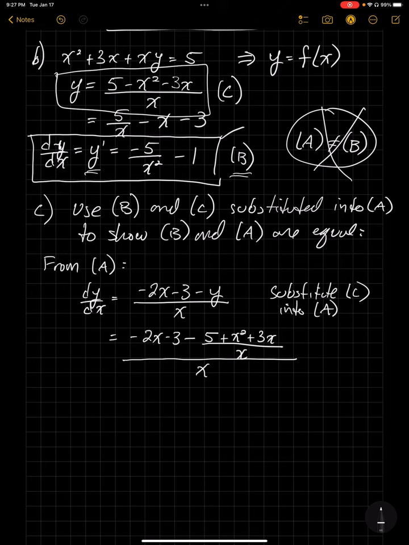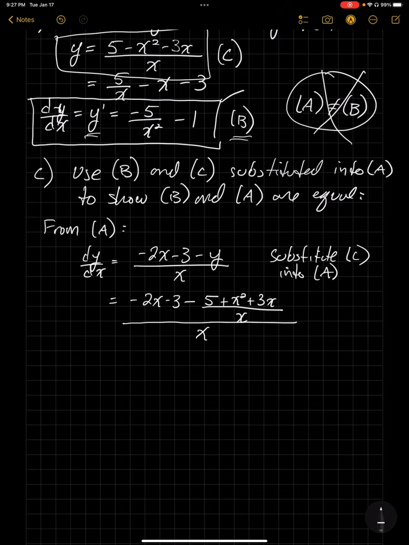Okay, so at this point now it's just algebraic manipulation. And so to do this in a simple fashion, we'll first resolve the numerator. And so we have a common denominator of x among those three terms in the numerator. And so then this becomes negative 2x squared minus 3x minus 5 plus x squared plus 3x.